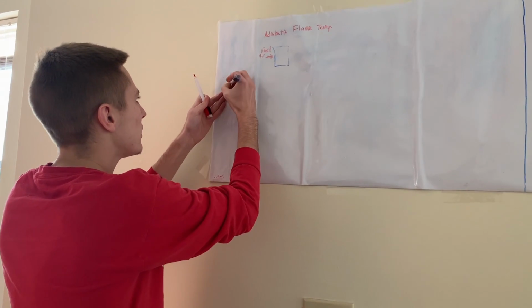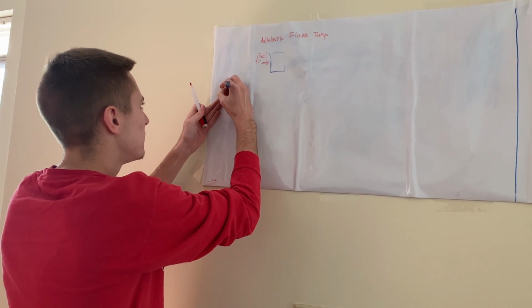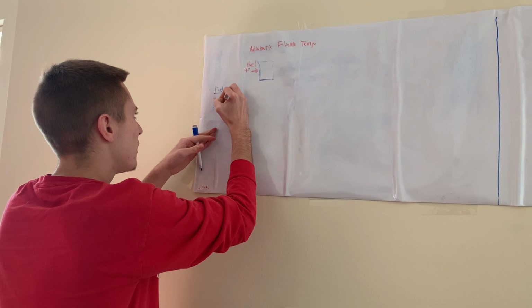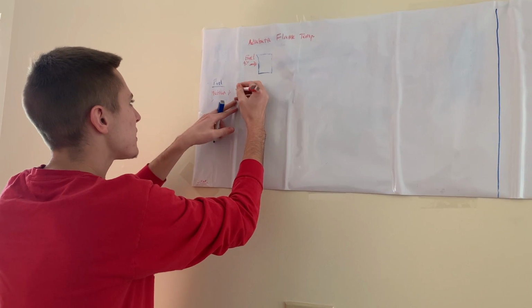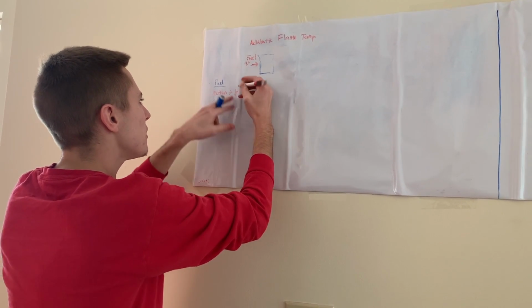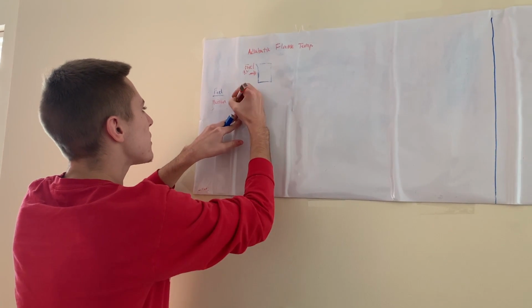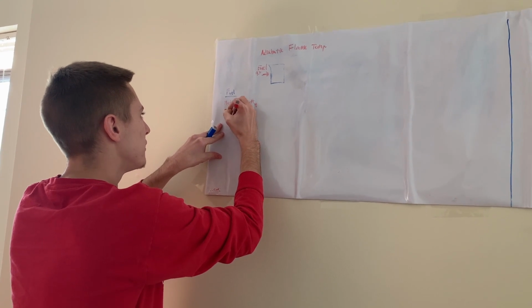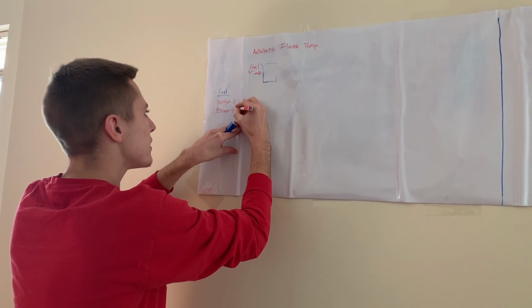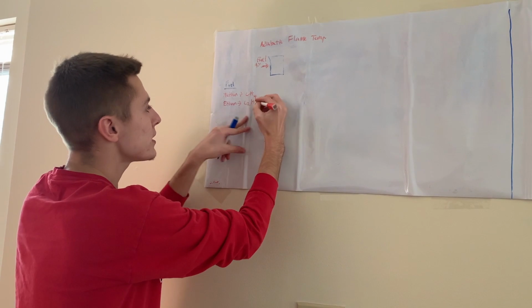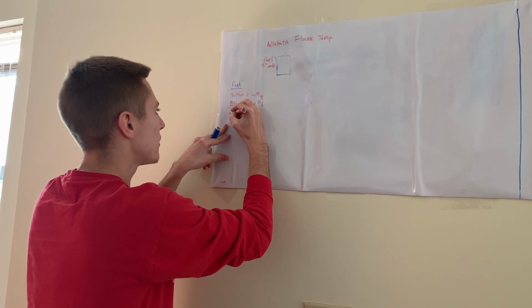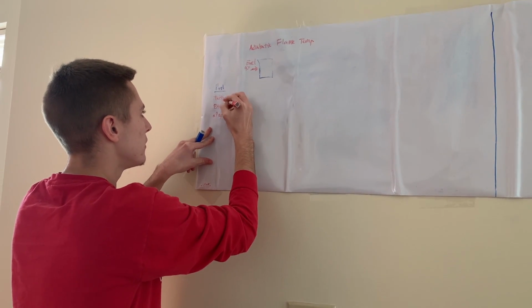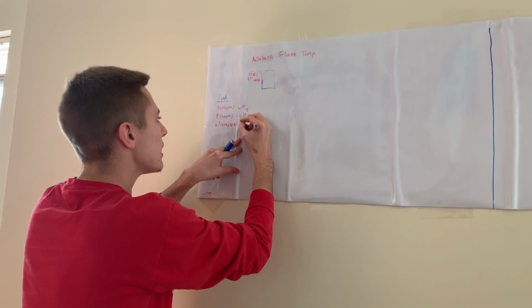made up of, let's say, methane, which is CH4, ethane, which is C2H6, and we have propane, which is C3H8.